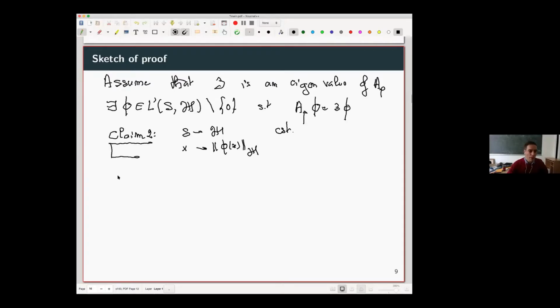Well, why is that? So fix a generator, you have only 4 of them, so it's easy to find one. Fix a generator x naught such that the norm of phi of x naught is maximal.